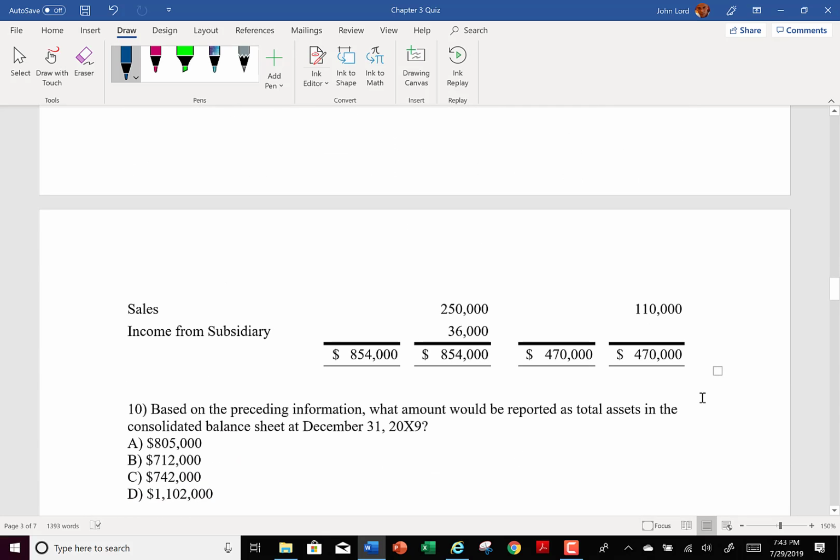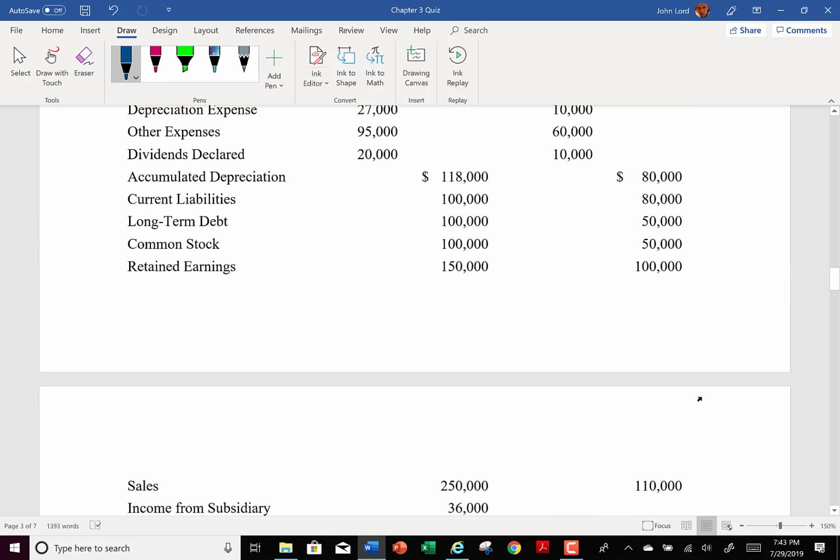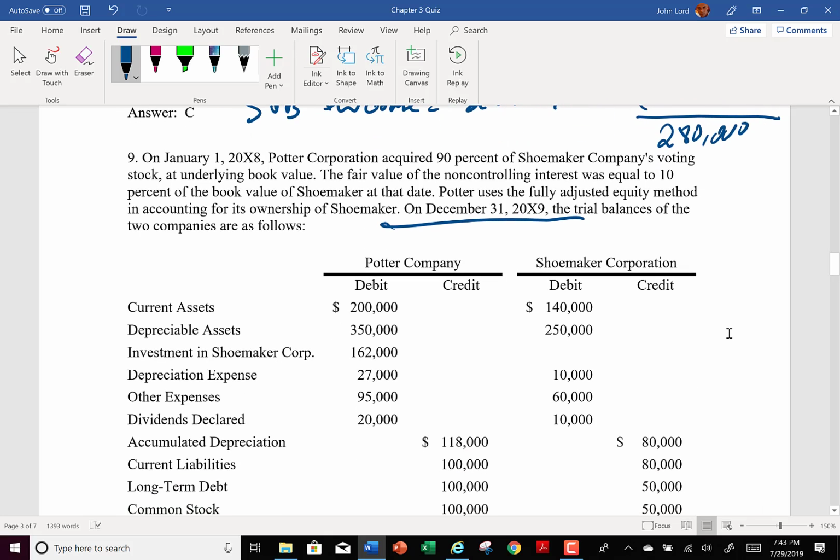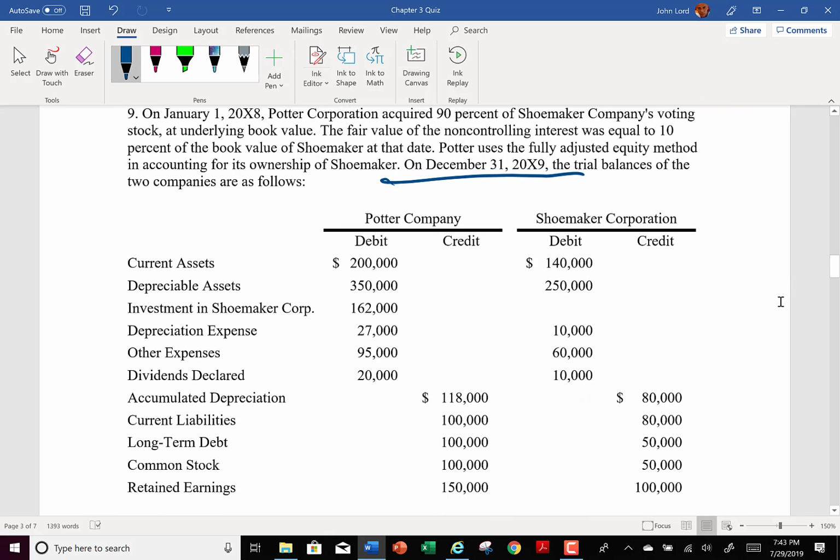Okay. All right. Based on preceding information, what would be the total assets in the consolidated balance sheet at 12/31 X1? I mean X9. Sorry, you're going to have to bust out your calculators.